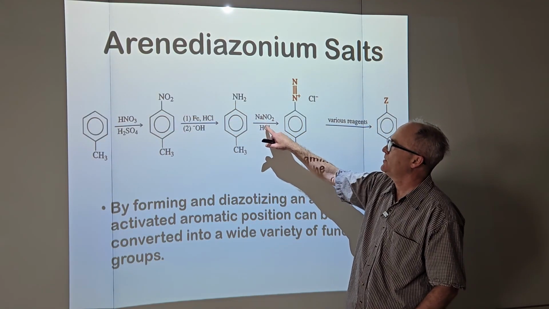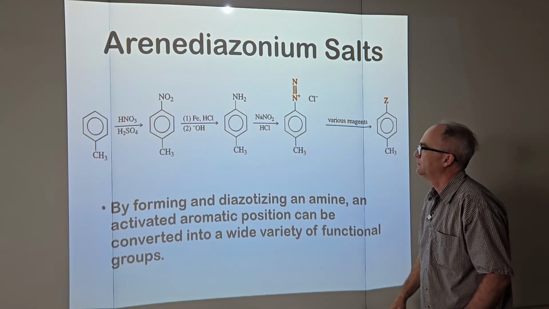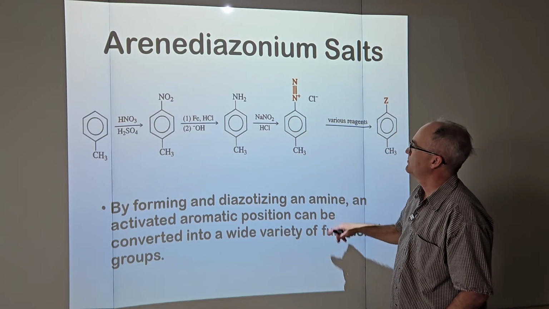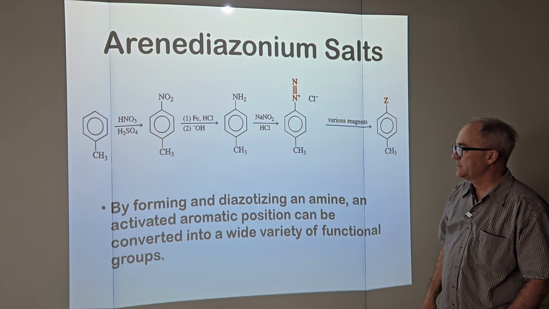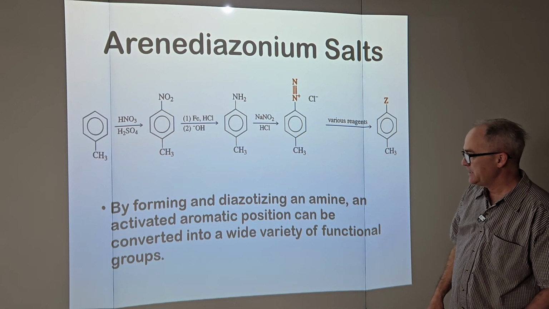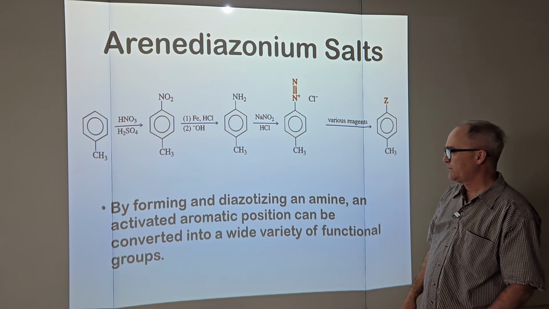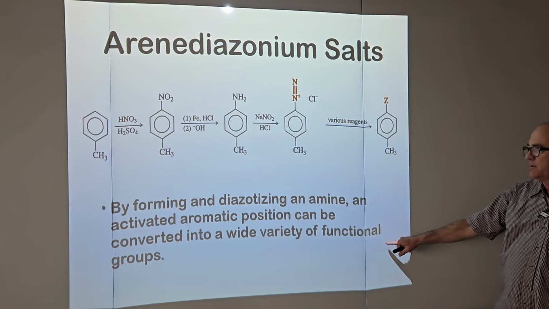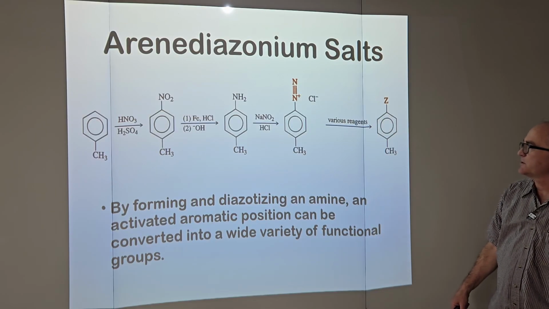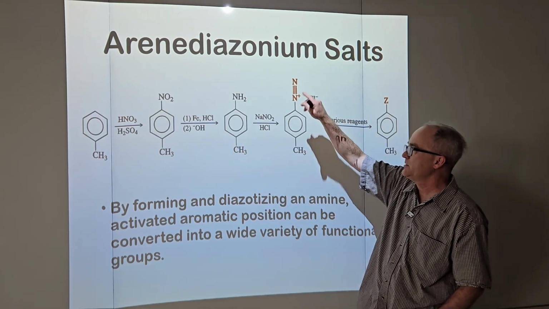And here is our sodium nitrite and HCl. We don't care about that mechanism. Here is our diazonium salt. By forming and diazotizing an amine, an activated aromatic position can be converted into a wide variety of functional groups. This thing falls apart easy.